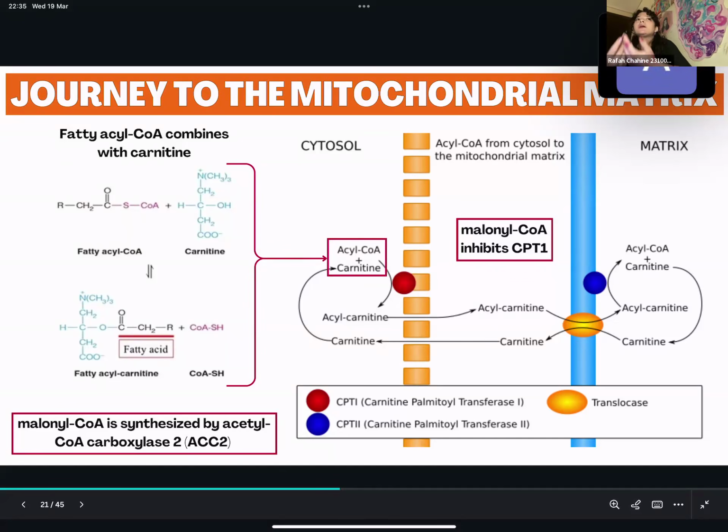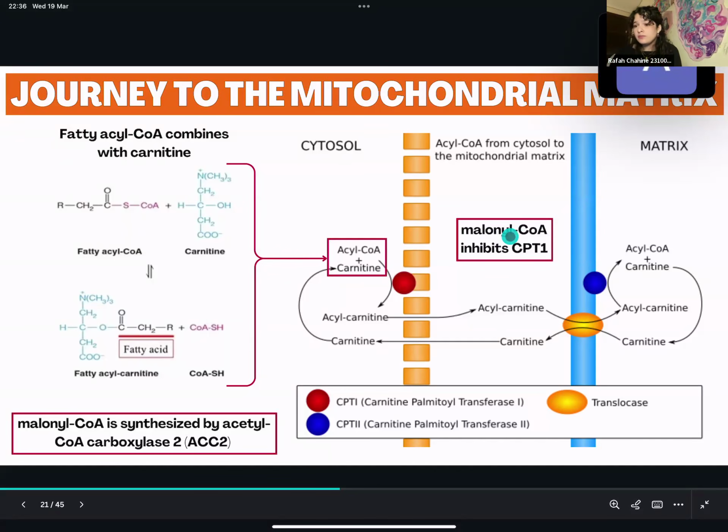What I want to make clear is, when we have fatty acid synthesis, why in the world would we have oxidation going on at the same time? Why would we be synthesizing them and breaking them down at the same time? So when we have malonyl-CoA in our body, the body knows that we are currently synthesizing fatty acids. And so naturally, this malonyl-CoA will try its very best to stop fatty acid oxidation.